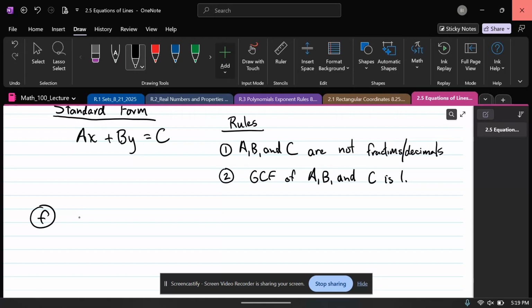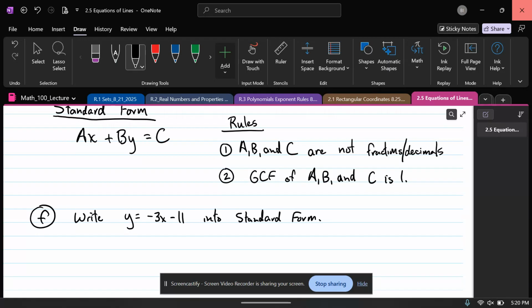Let's say the instructions were to write y equals negative 3x minus 11 into standard form. So this is really as simple as they can make this problem. Okay.